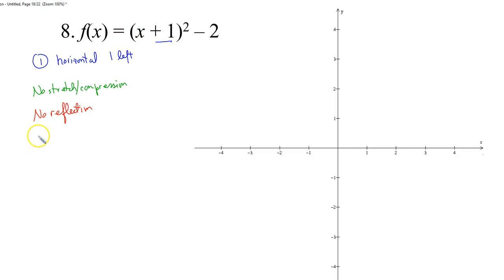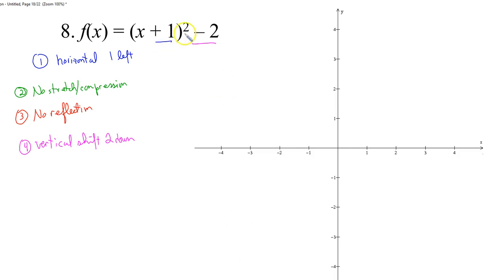And so then the next thing we're going to look at is the -2. The last thing we're going to do here is a vertical shift, 2 units down. So that's the fourth thing we're going to look at. Even though there was nothing here, I'm still going to label these so that you can go back to that previous page.